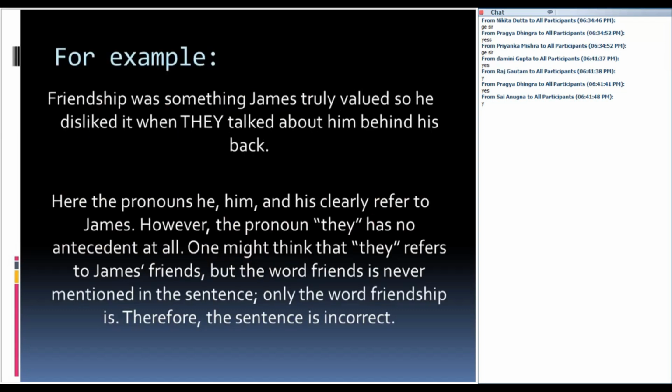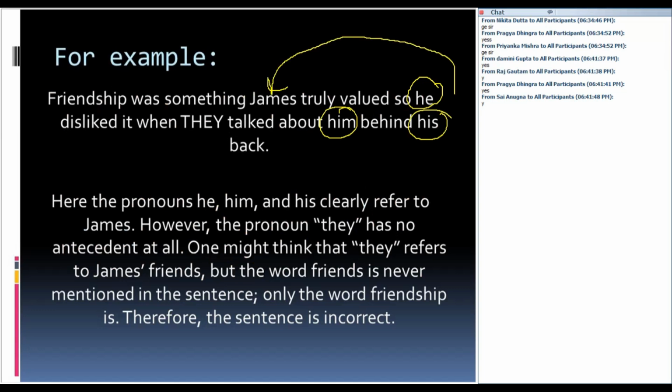Over here, it says, "Friendship was something James truly valued, so he disliked it when they talked about him behind his back." Now, there are so many pronouns: he, him, his. We know all these pronouns refer to James, right?